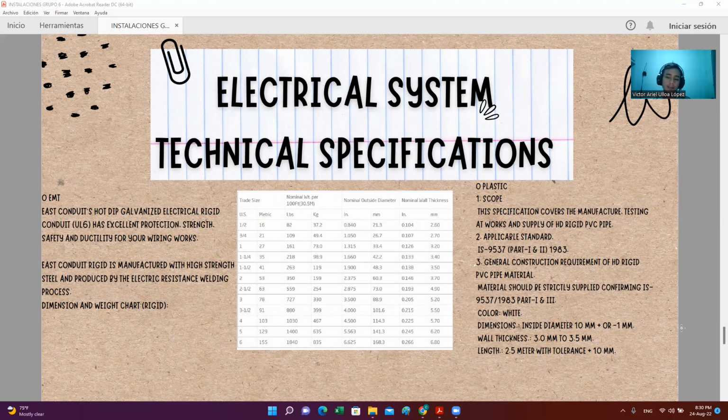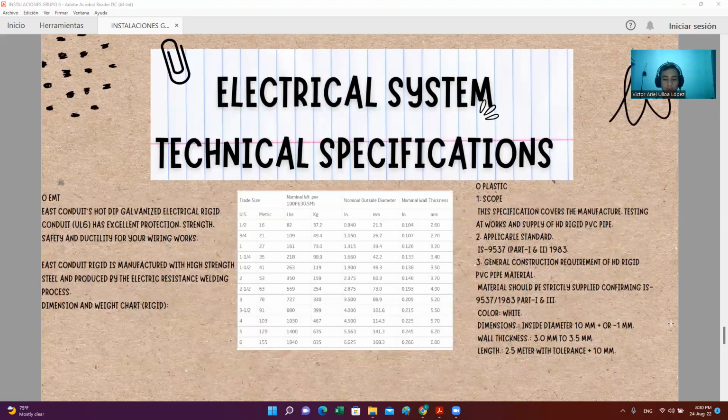In our scope, application standards, general construction requirements of HDE rigid PVC pipe material should be strictly supplied in conformance with standards for dimensions, colors, and weld thickness and length.